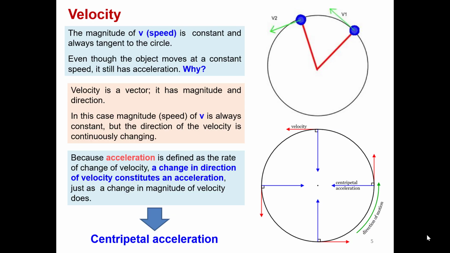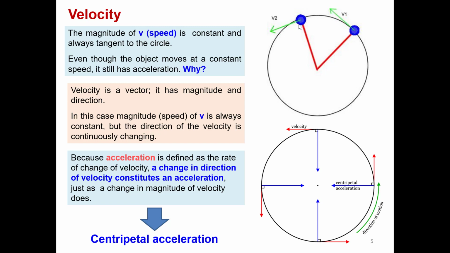The reason why the object flies off tangentially to the circular path is because the velocity vector is always tangent to the circular trajectory.